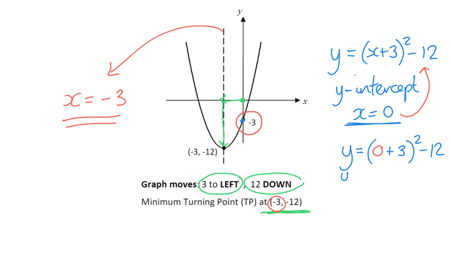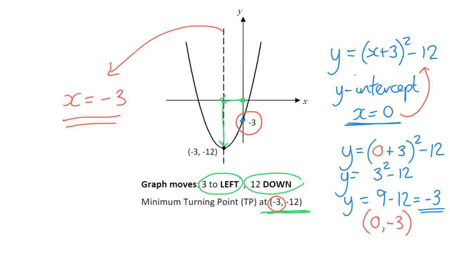Now, if we deal with the brackets like we would do first, 0 plus 3 is 3, 3 squared minus 12, or 9 minus 12, which is -3. So that gives us the y-intercept, the point 0, which we picked, and the resultant y value, -3. So that is now our y-intercept. That's another point on the graph that makes it possible for us to be a little more accurate.